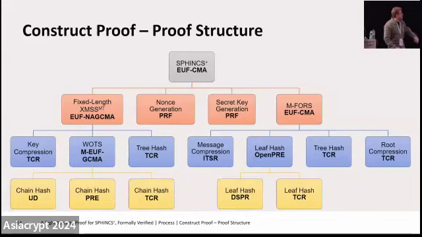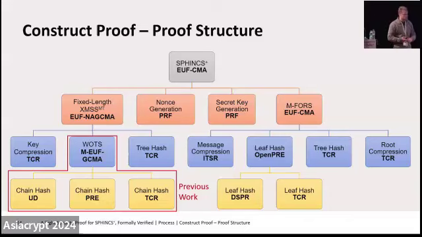Okay, and then looking at the fixed length XMSS MT here on the left-hand side, we show that this is implied by 2 target collision resistance properties for the function that constructs the leaves from the one-time signature public key, and the function that constructs the actual inner nodes of the Merkle trees, as well as a multi-instance EUF-CMA variant for the one-time signature scheme that XMSS uses, which we then show to be implied by 3 properties of the hash function that it uses in its operations: an undetectability property, a pre-image property, and a target collision resistance property.